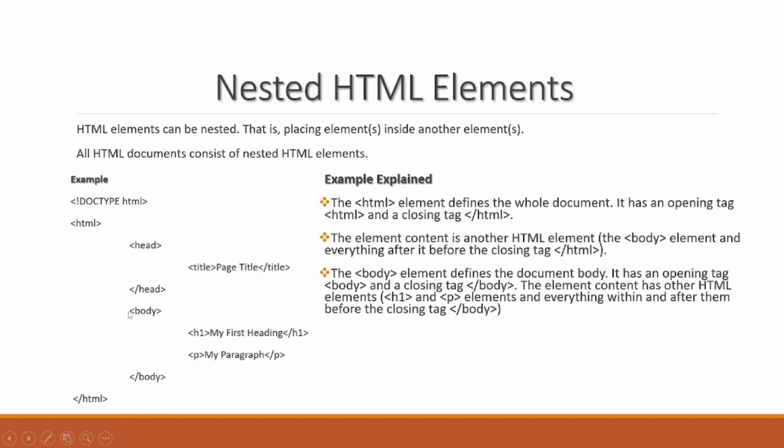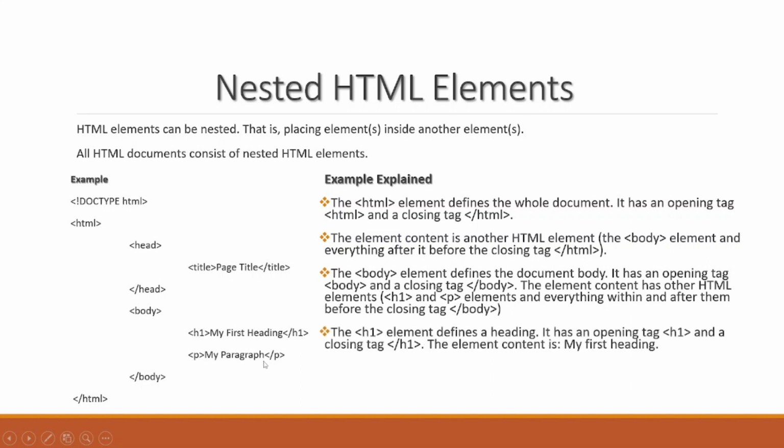Now this starts from here and ends here. All of these are what we call the content of the element. So the H1 and the paragraph are the content of this. Just like my first heading is the content of this H1, my paragraph is the content of this P.